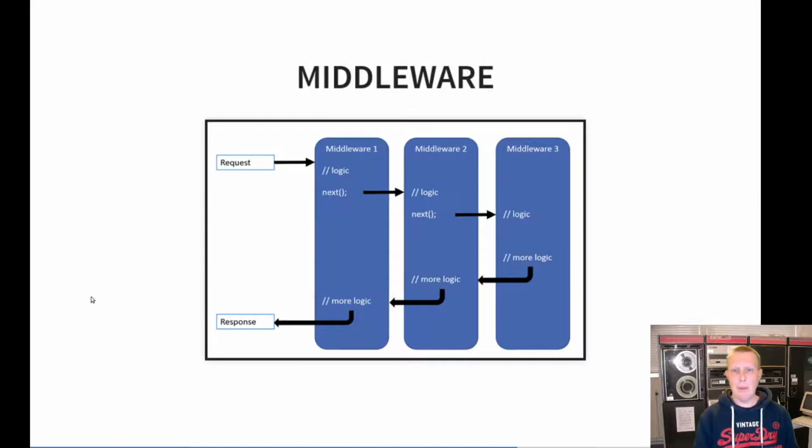So the web server will be sitting out here at the left hand side, and it has done all the processing, talking over the wire, and it's produced a context, which is this request. And it goes into middleware 1, it will do its stuff, add, remove, whatever it is doing, and then it will call next, which calls middleware 2, and it will do its thing, and it calls next, and then it will call the next one.